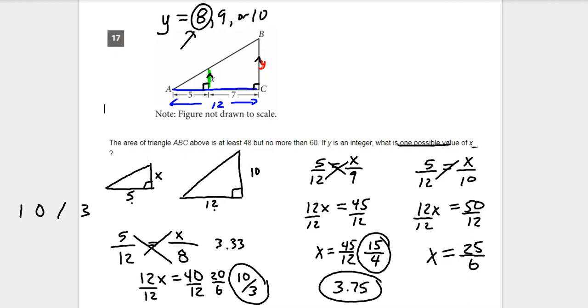So you could grid in 25/6, or if you prefer decimals, 6 goes into 25 4 times with 1 left over. So 4 1/6, which you cannot grid in, but that comes out to 4.16 repeating. I believe that's all the decimals you'll get.